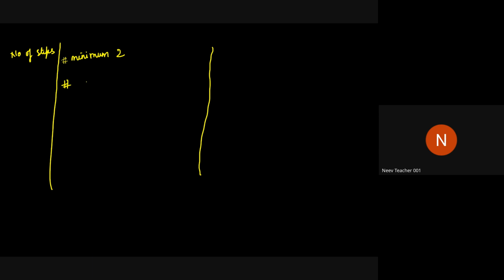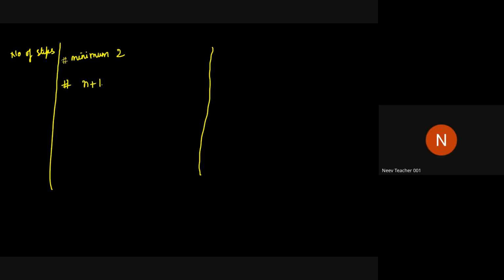So, number of steps of reaction: how many steps is SN1? Minimum 2. And what about maximum? Infinite.